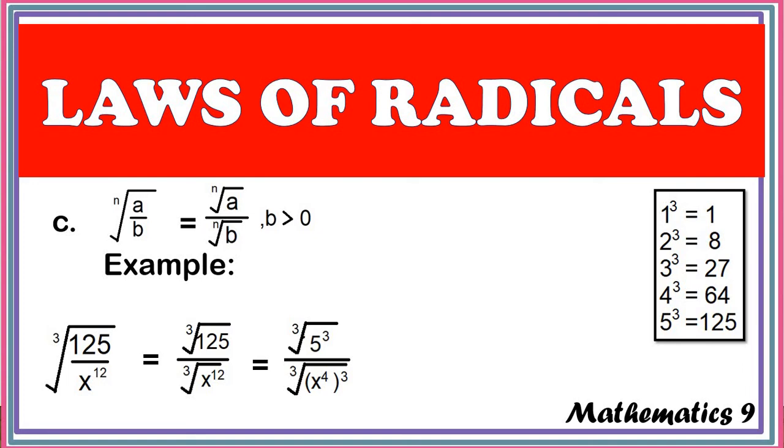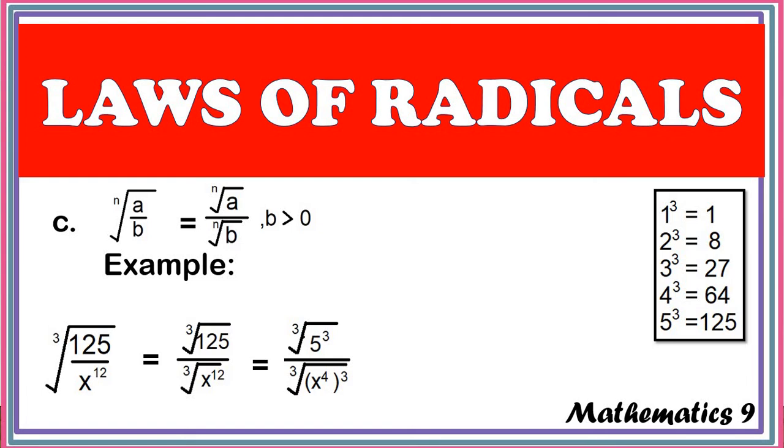Okay? Paano naman nangyari na yung x, nagkameron ng quantity x raised to 4, raised to 3? Si 12 ay kinuha natin ang factor niya. Okay, ano-ano ba yung factor ng 12? Meron tayong 1 times 12, 2 times 6, 3 times 4. So, alin dun sa mga factor ng 12 ang merong 3? Kasi yun yung dapat makuha natin yung kaparehas ng index sa labas.